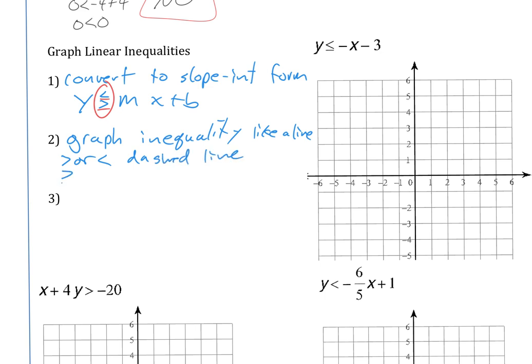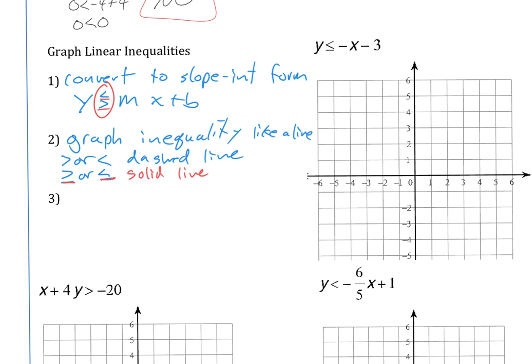And if you had something like greater than or equal to, or less than or equal to, right? If you add that little or equal to there, then that's going to be a solid line. All right, but that's okay. We'll get the hang of this. This one is or equal to, so I'm going to do a solid line here.